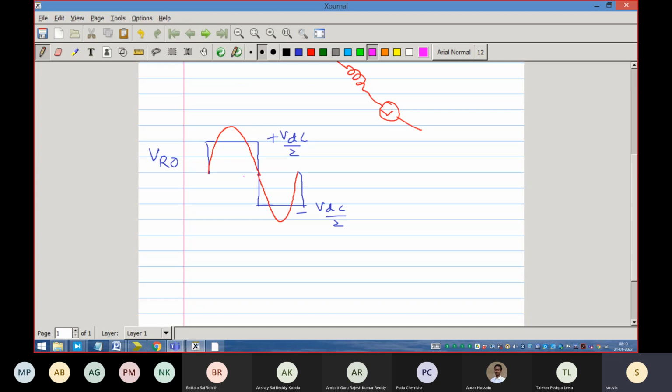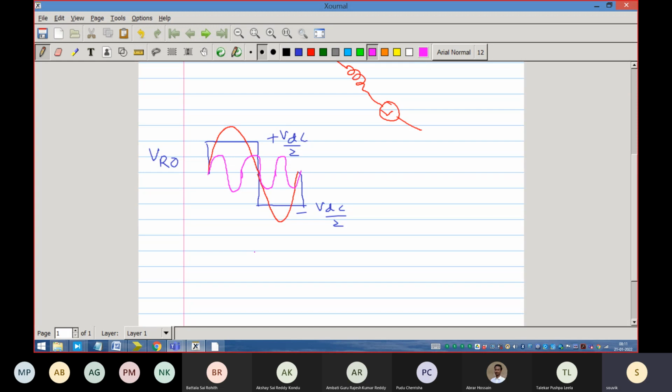Third harmonic is 120 degrees, so one cycle will be completed here, 1/3. So that will be a third harmonic kind of waveform. Similarly fifth harmonic, similarly seventh harmonic, all harmonics will be produced.